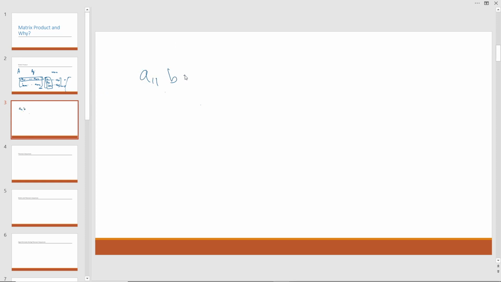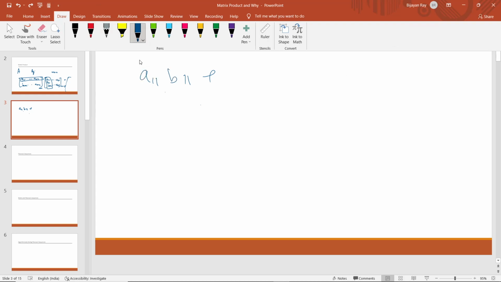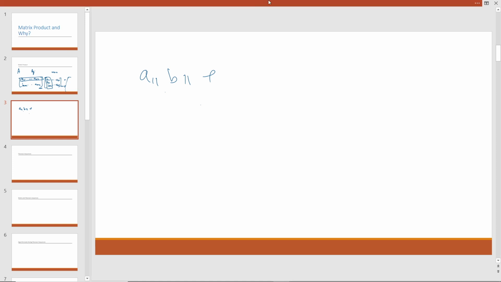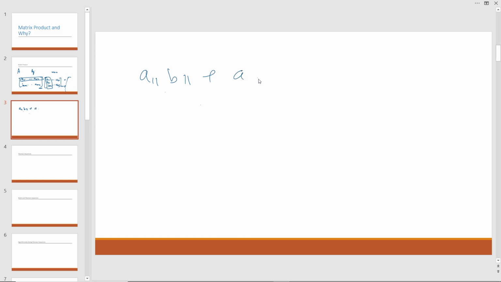A11 B11 plus A12 B21. So this is our first row element, and this can be written as the summation of A_1i B_i1, i equal to 1 to n.